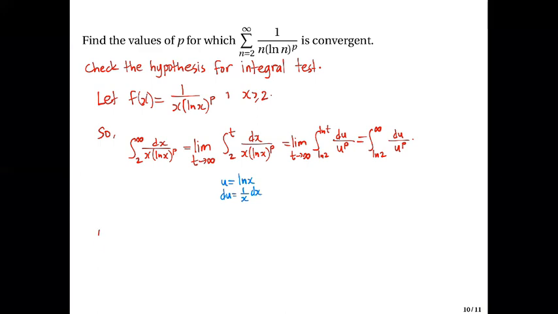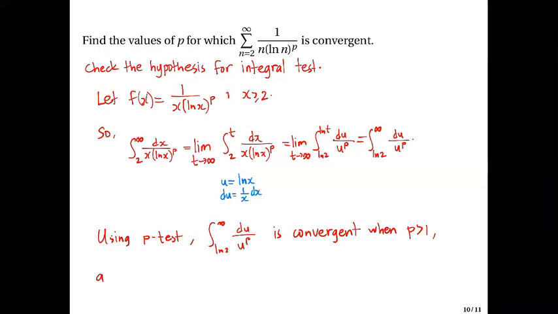So using p-test for improper integrals, the improper integral from ln of 2 to positive infinity of du over u to the p is convergent when p greater than 1 and divergent when p less than or equal to 1.